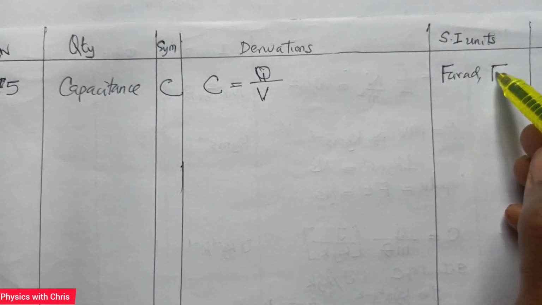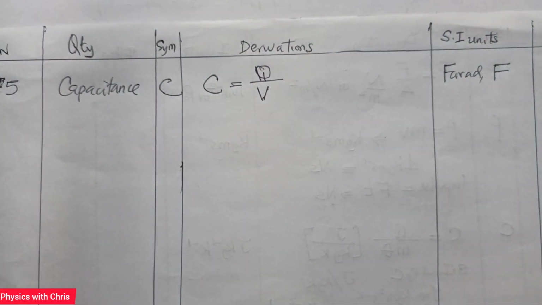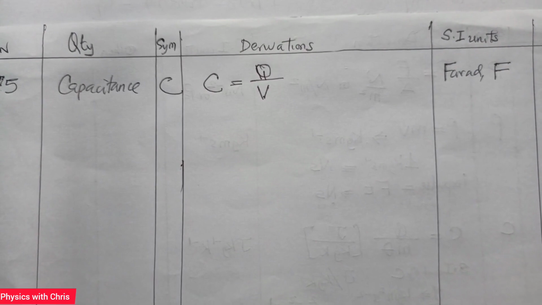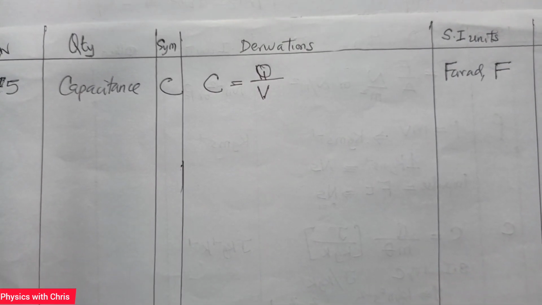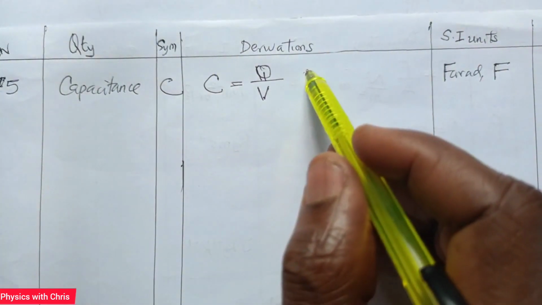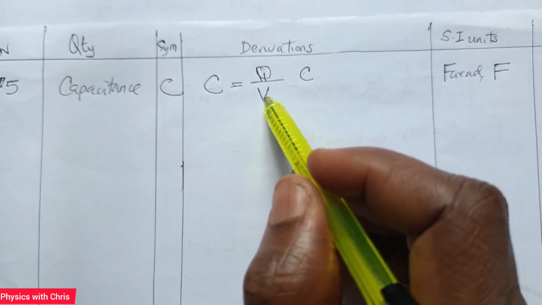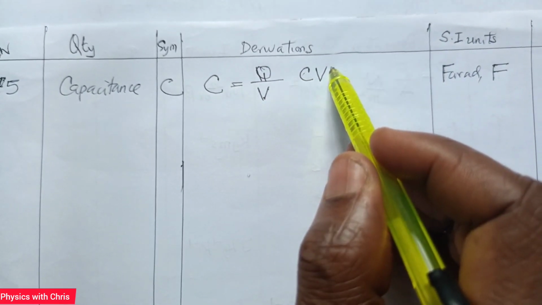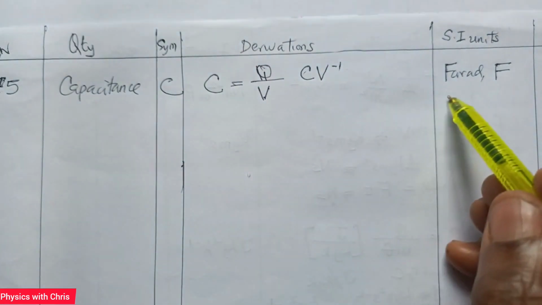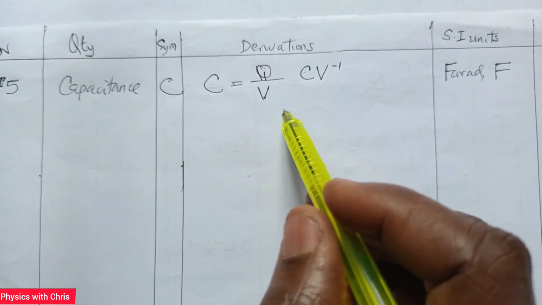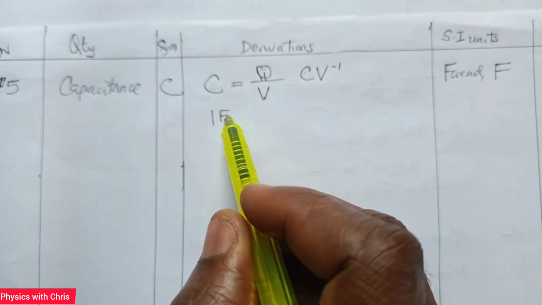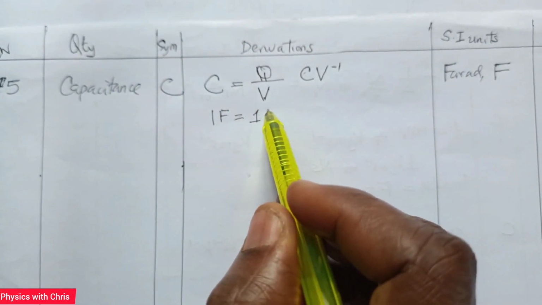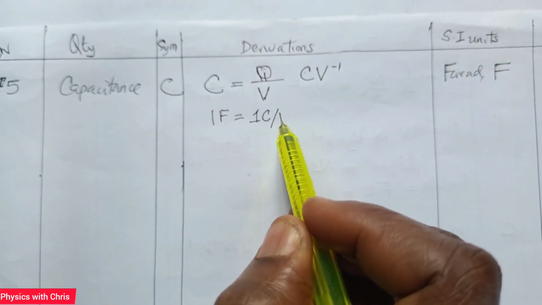We want to look at the derived units and the SI base units of capacitance. So the derived unit: charge is coulomb, potential difference is volt, so it is coulomb per volt, meaning that 1 farad is equivalent to 1 coulomb per volt.